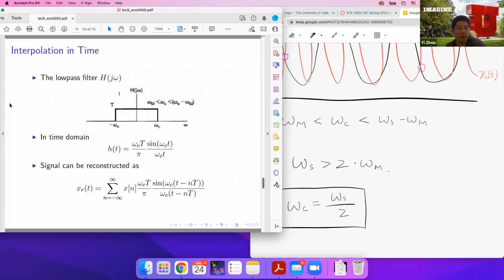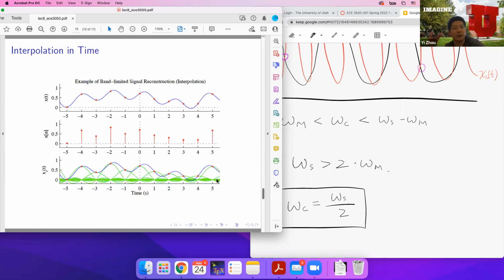But in practice, if you do the reconstruction process, intuitively, although the Nyquist rate is a hard threshold and once you go beyond that you can perfectly recover the signal, if the resources allow, it's always better to query more samples of the signal.